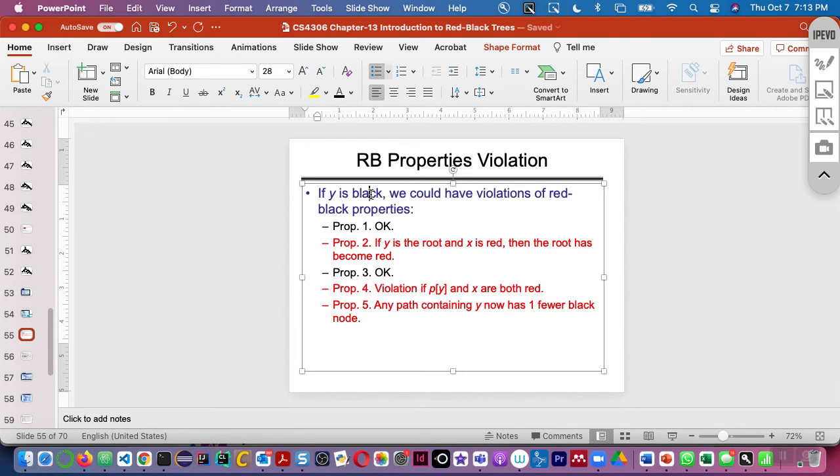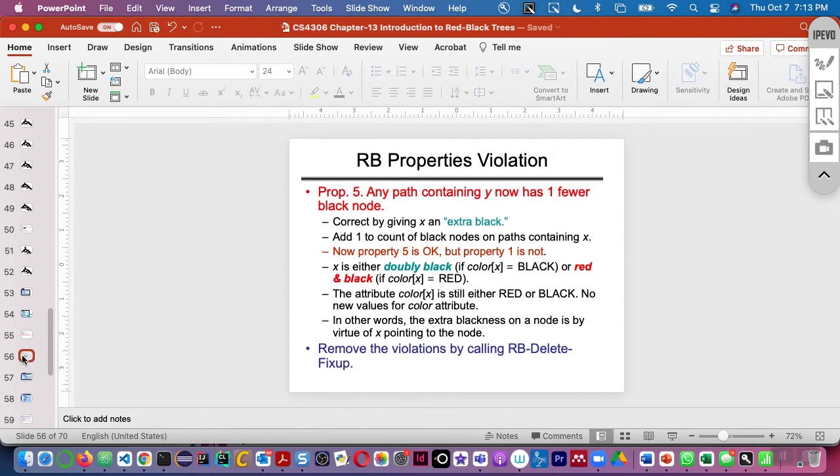If it is black, then this is the only one, the root, one element. If it is only the root, then delete it, there is no problem. Property 2, if y is the root and x is red, then the root has become red, which is what I want to discuss. These are the 5 properties. What is 5?